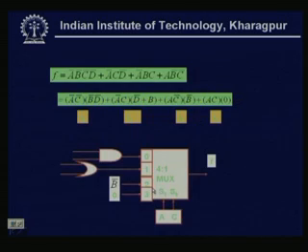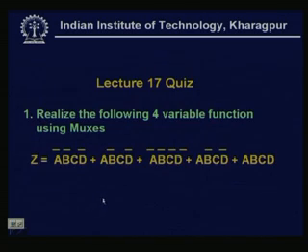We take the quiz question for this lecture: realize the following 4 variable function using multiplexers, and the function is Z is A bar B bar C D bar plus A B bar C D bar plus A bar B bar C bar D bar plus A B bar C D bar plus A B C D.